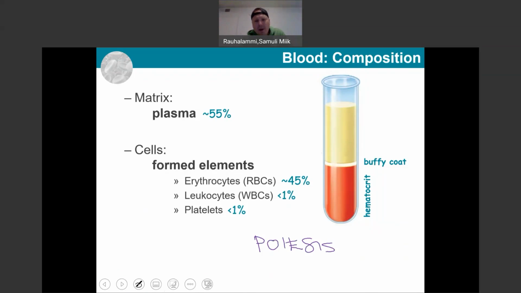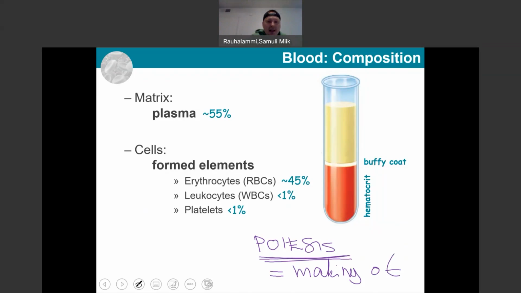So when we talk about poiesis, that refers to the formation or making of something. And when we talk about different components of the blood, we talk about different types of poiesis. And this is where learning the terms once becomes so important.